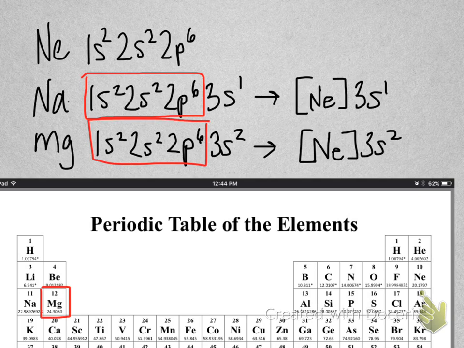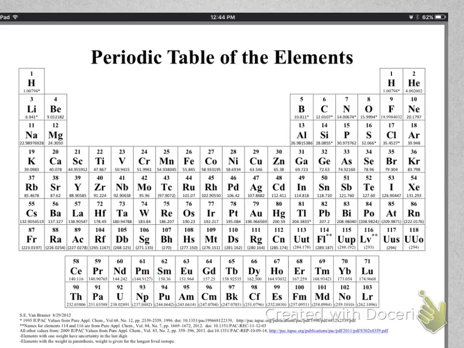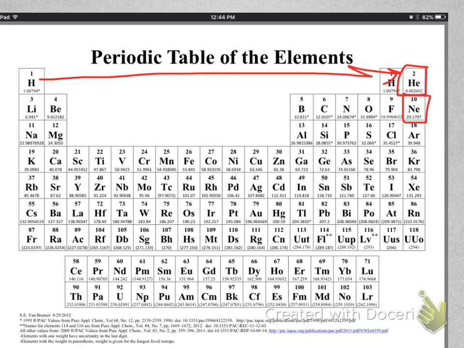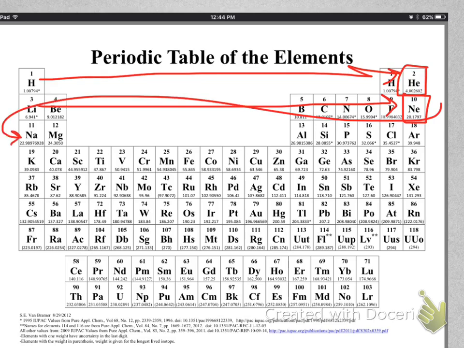So we can do this for any element on the periodic table because we end each period with a full uppermost occupied main energy level s and p orbital, well, except for helium. Which means we can look to the next row, the next period, and say in each case that it's whatever this noble gas has plus the next 1, 2, 3, 4, whatever number of electrons, wherever they're filling.